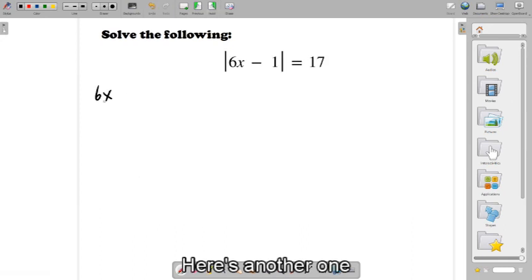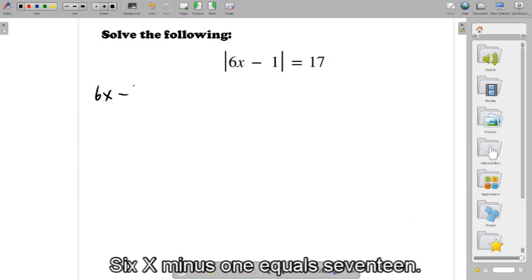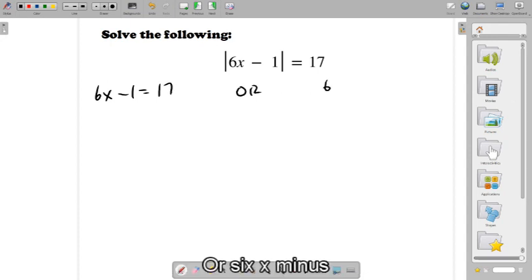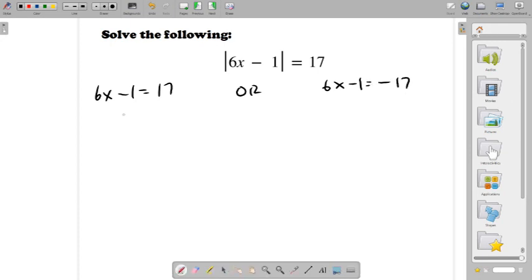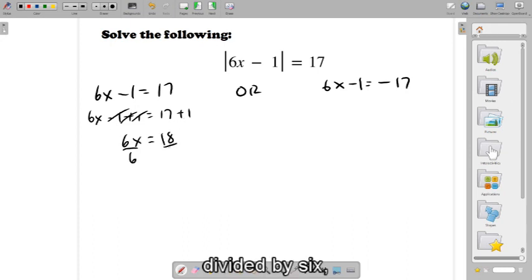Okay, here's another one. 6x minus 1 equals 17, or 6x minus 1 equals negative 17. So we need to add 1 to both sides. 6x equals 18, divided by 6. X equals 3.